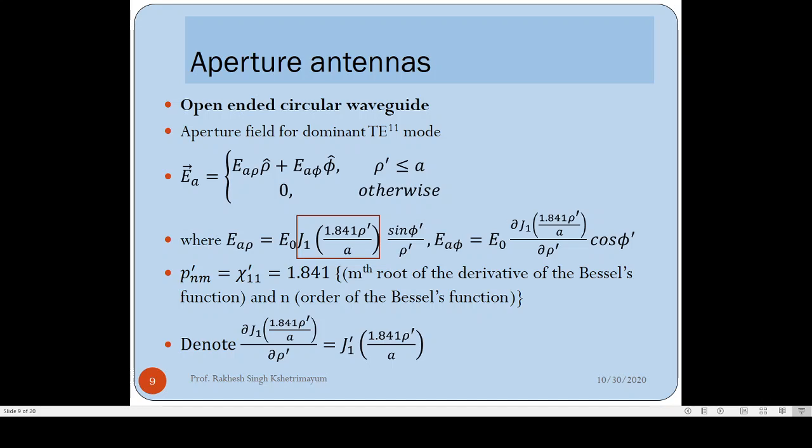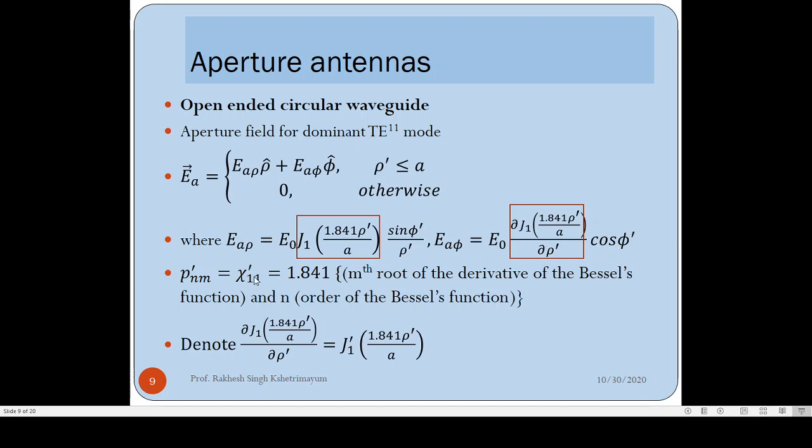We did a lot of discussion on this when we discussed cylindrical waves. So the major contribution to the rho component of the electric field will be from the Bessel's function of the first kind. You also have sine phi dash divided by rho dash. Similarly, for the phi component, the major contribution would be the derivative of the Bessel's function of the first kind, first order, with respect to rho dash, times cosine of phi dash.